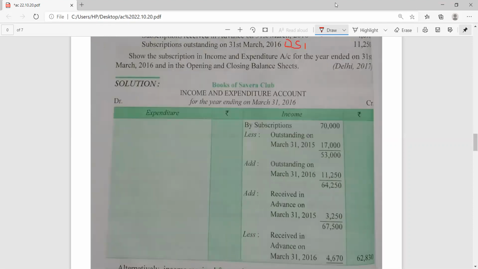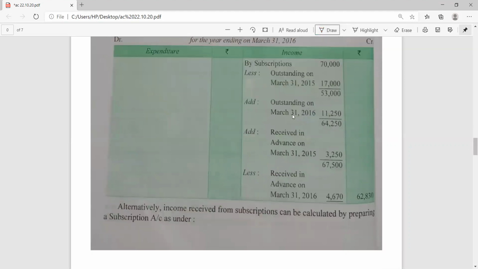See, the subscription outstanding is given over here. First of all, the subscription is given as 70,000 less outstanding in the beginning. You have to remember only the formula: add outstanding, less accrued. What formula do you have to keep in your mind?